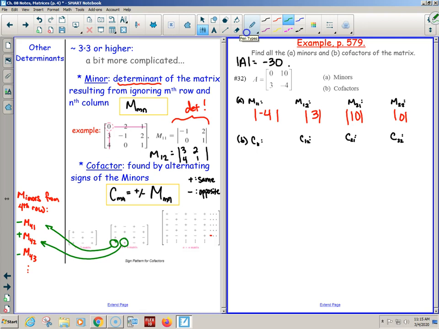Cofactors. Cofactors say I'm going to take that and I'm going to assign a sign to it. So the cofactor says, take this guy, but where did he come from? He came from 1, 1, right? Everything always starts with a positive. So this guy is a positive.